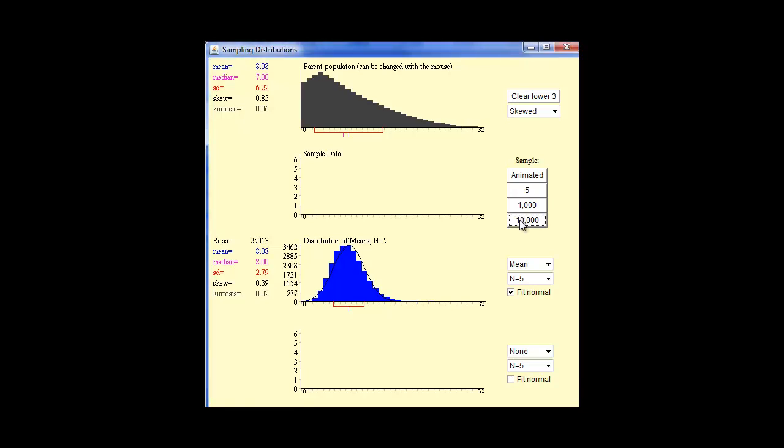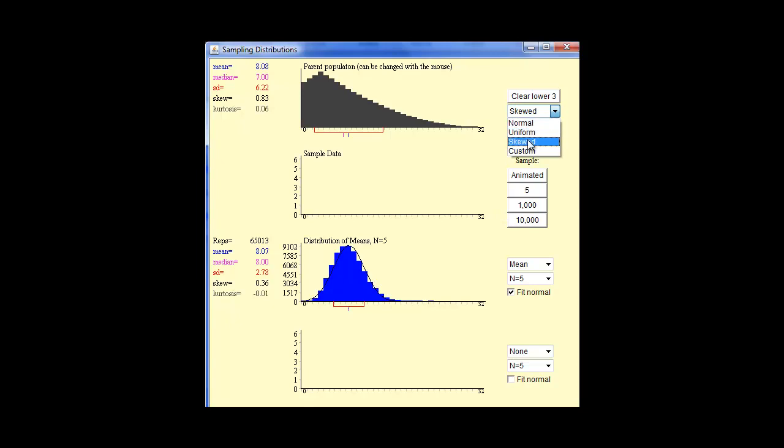Here's another 10,000 up to 25,000. And as my n gets higher and higher, just as promised, the distribution becomes more and more normal. So shockingly, this shows us that a non-normal parent population can actually produce a normal distribution of means.